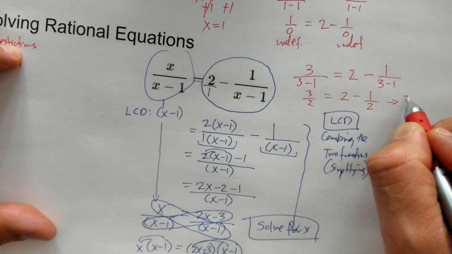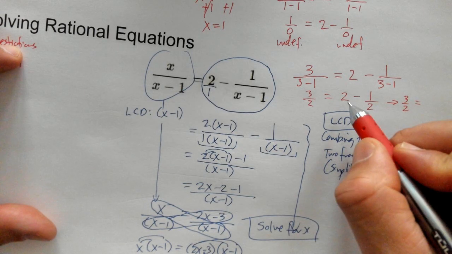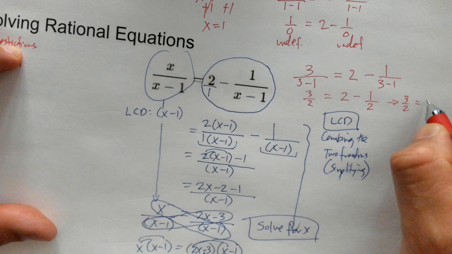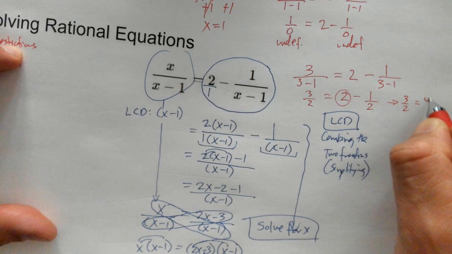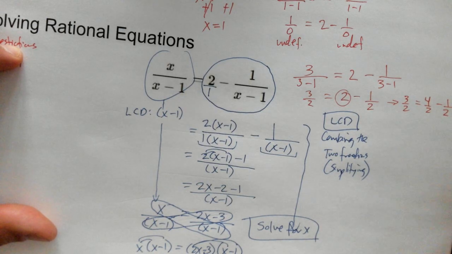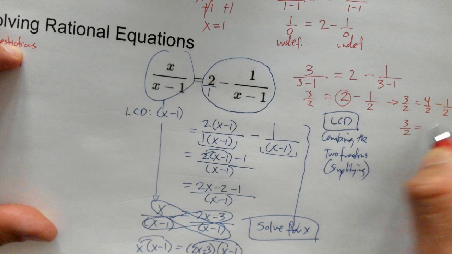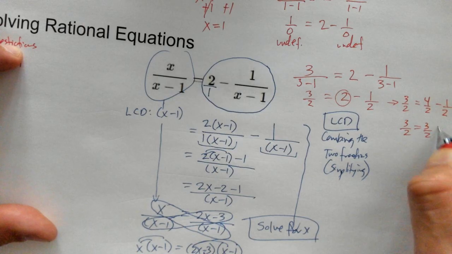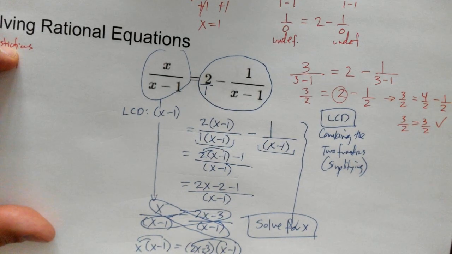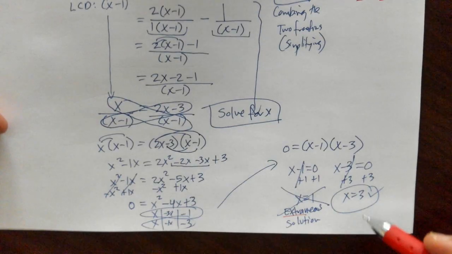Let's move this over here. I can rewrite that as 4 over 2 minus 1 over 2, and 4 minus 1 is 3, so 3/2. See how that one works? 3/2 does equal 3/2. That's why that one is acceptable.